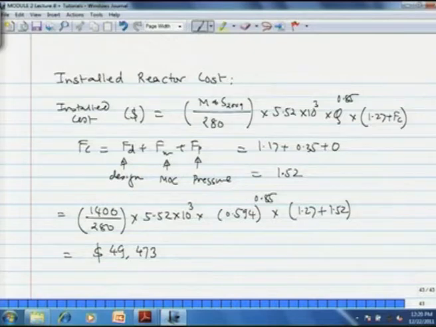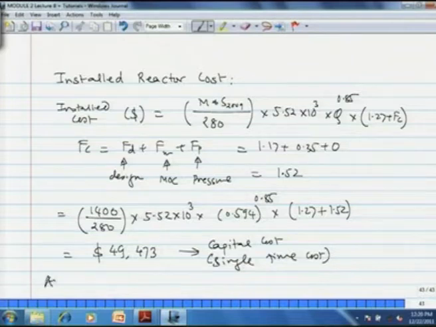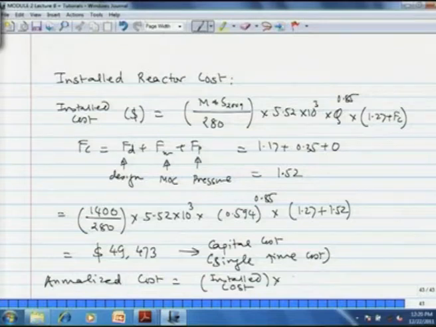Now, this is the single time cost. It is like capital cost, single time cost. We have to annualize it. So, the annualized cost will be the installed cost into CCF.